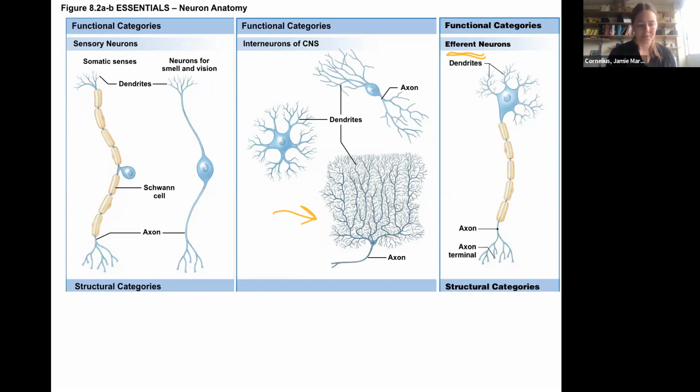And then you have sensory neurons on the left-hand panel that just vary in their form and function, again, depending on which system you find them in. And you don't need to memorize these. It's just more of a reminder that there are different types of neural cells, and they look different depending on what they're supposed to do.